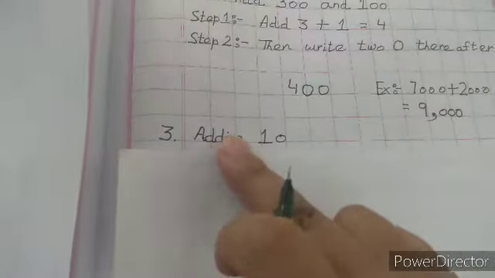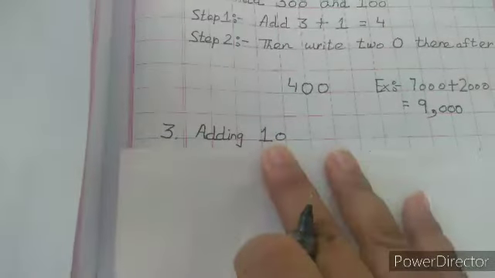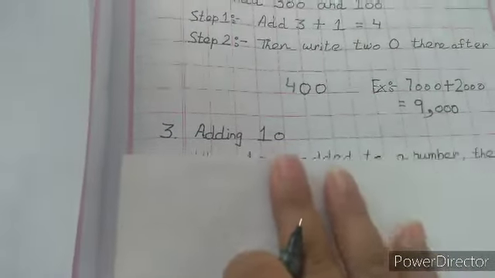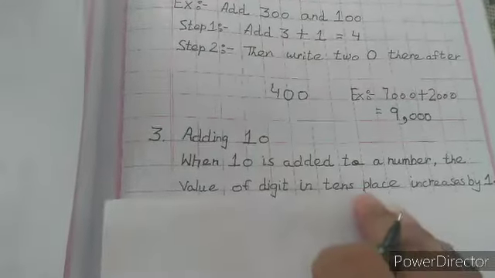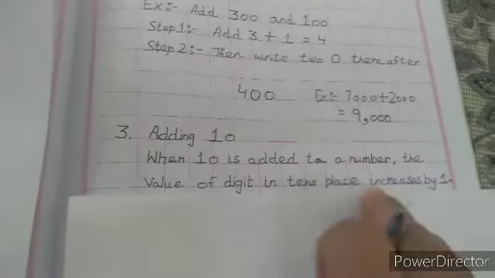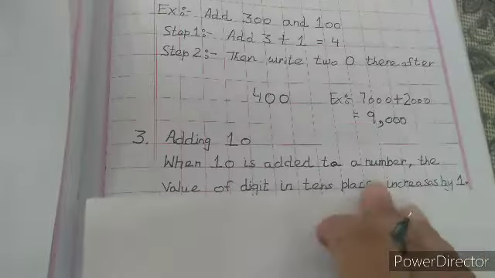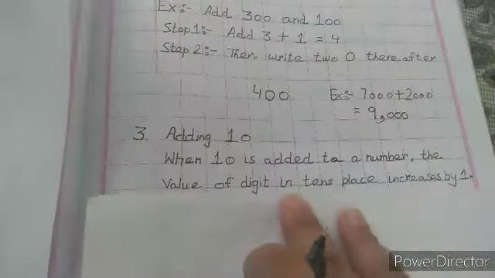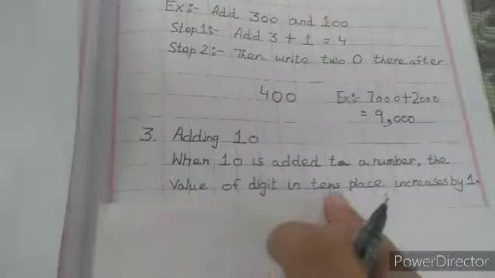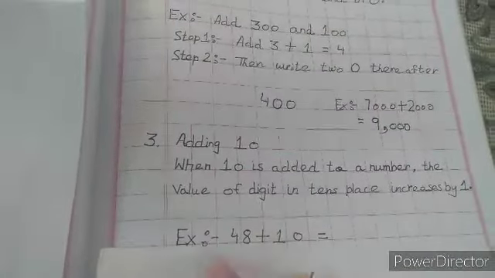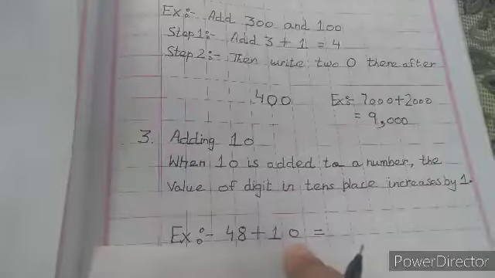The next is adding 10. When we add 10 to any number, what happens? The value of the digit in the tens place increases by 1. Whatever digit is in the tens place will increase by 1. For example, 48 plus 10.